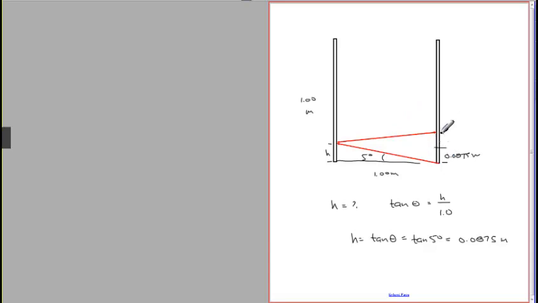So the time for it to bounce off and come back here again is going to be 2 times that. So we can multiply that by 2, and we get 1.174. So every time this bounces off, we'll go 1.174.